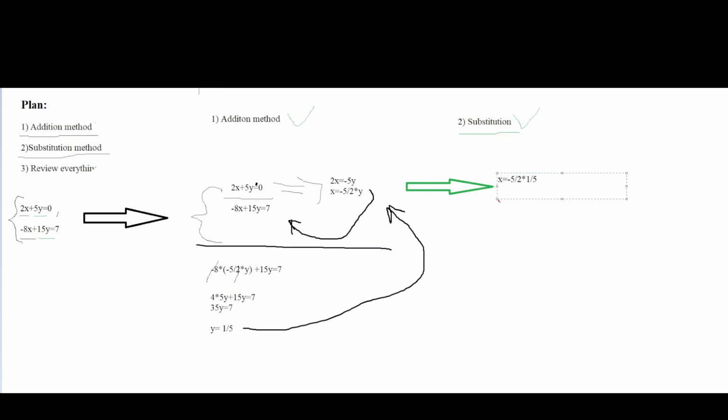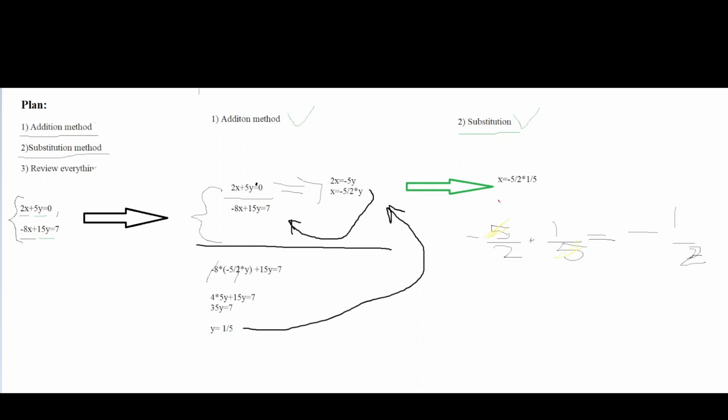Let me write it down for you guys, so you can find the answer yourself. Here the 5 fifths are cancelled, and we have again which answer? Yes, negative 1 over 2.